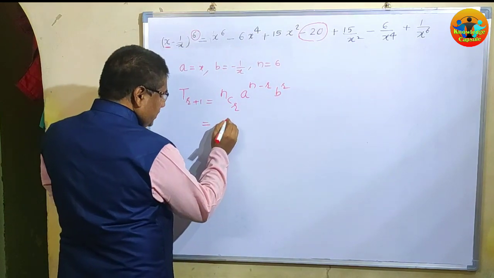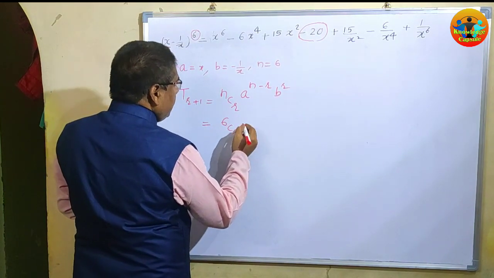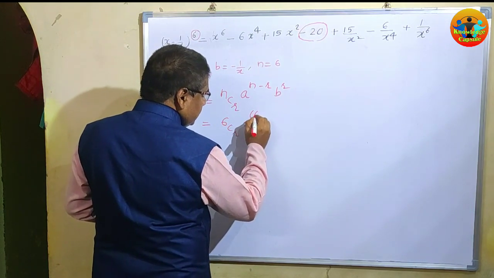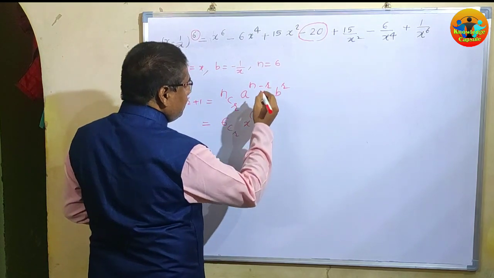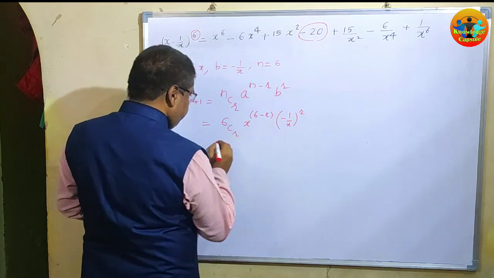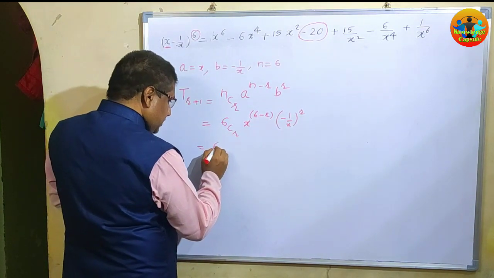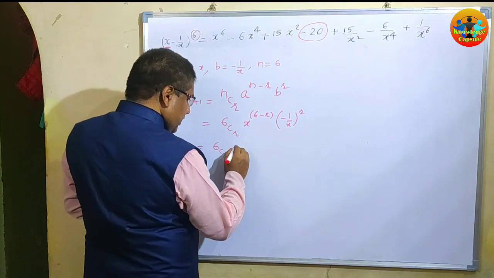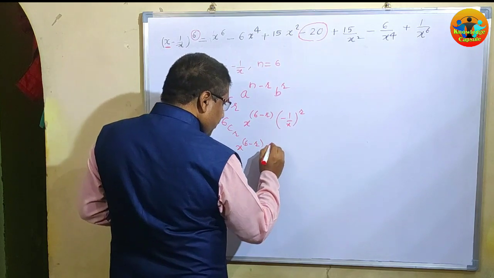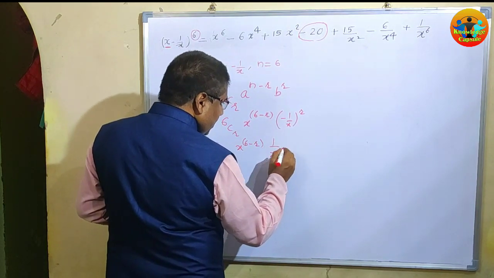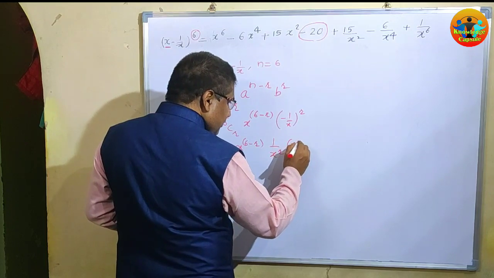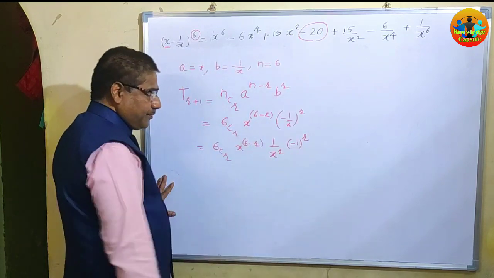Here the value of n is 6, so 6Cr; the value of a is x, the power is 6 minus r, and the value of b is minus 1 by x raised to r. So 6Cr x raised to 6 minus r into 1 by x raised to r into minus 1 raised to r.